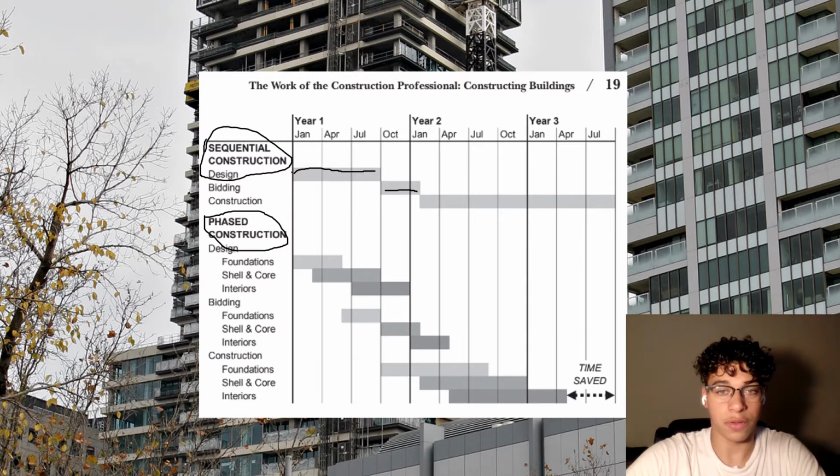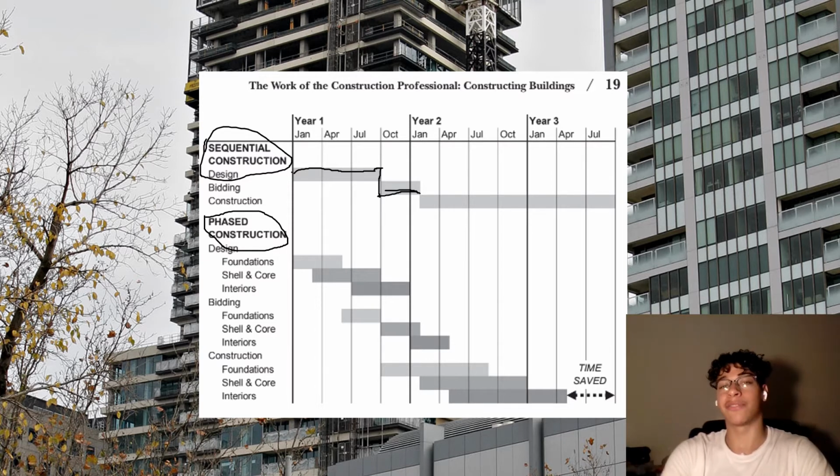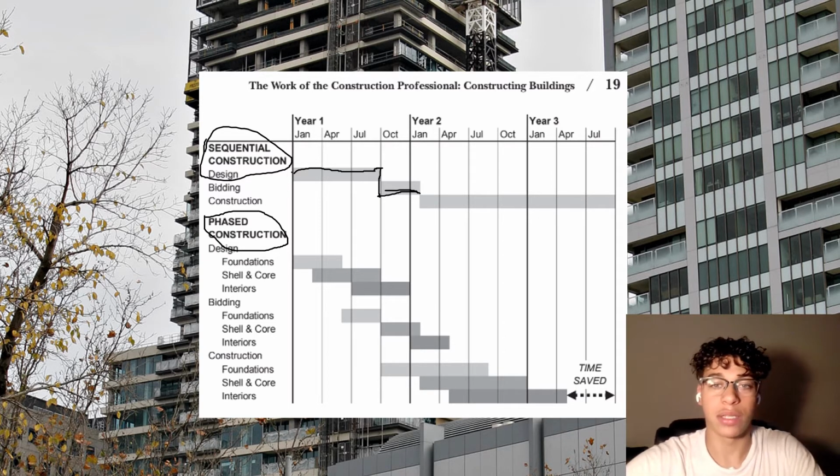That's the first task that starts, and it finishes in October. And then the bidding process starts all the way to January. And after the bidding process is finalized, the construction process is started, of course. And that is the sequence that it will go on.